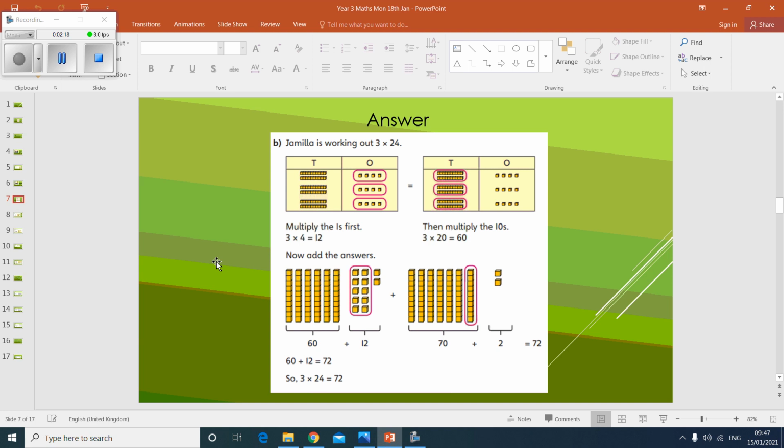So first she multiplies the ones, that's 3 times 4, which equals 12, and then she multiplies the tens, which is 3 times 20, equaling 60. She has to exchange, when she's adding 60 and 12, exchange 10 ones for 1 ten. And so the answer is 60 add 12 is 72. So 3 times 24 equals 72.